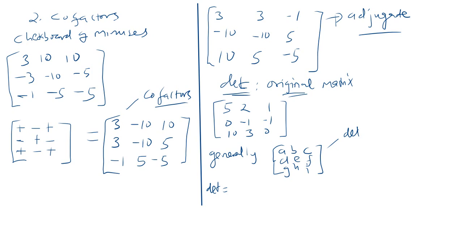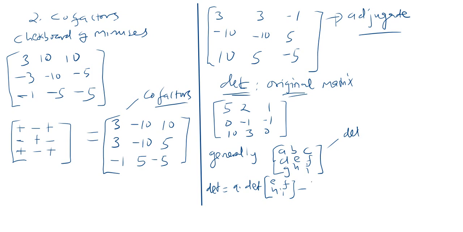So first we take A multiplied by the determinant of its minor, which is E, F, H, I. Then we follow with minus. That is something else you have to note.